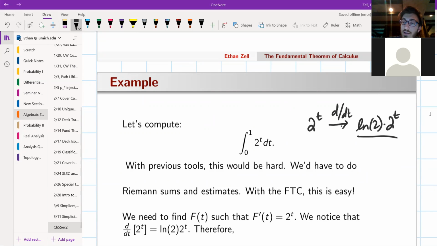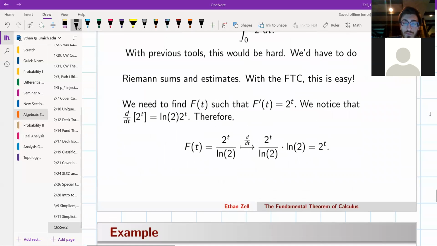So if I divided my initial function by log of 2 preemptively, because I know that when I differentiate, I get a log of 2, then these things are going to cancel. And that's what's happening here. So I said, well, I get a log of 2 when I differentiate, so why don't I preemptively divide by log of 2? And then here, because I've preemptively divided, log of 2 times 1 over log of 2 is, of course, 1. So we get what we want. We get 2 to the t.